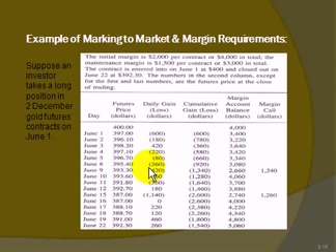So you're losing this much again, and this is cumulative loss, and your margin account balance is going to be 3,080.